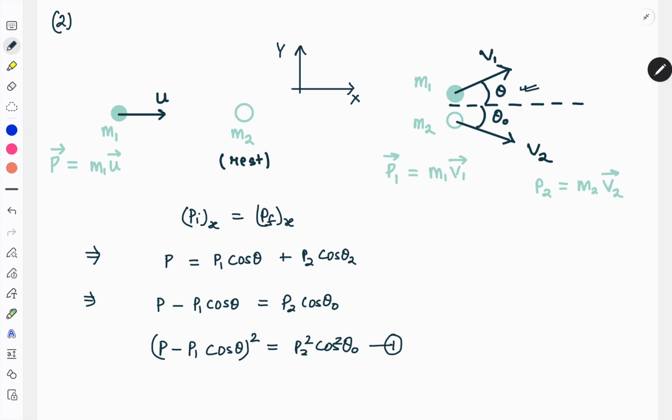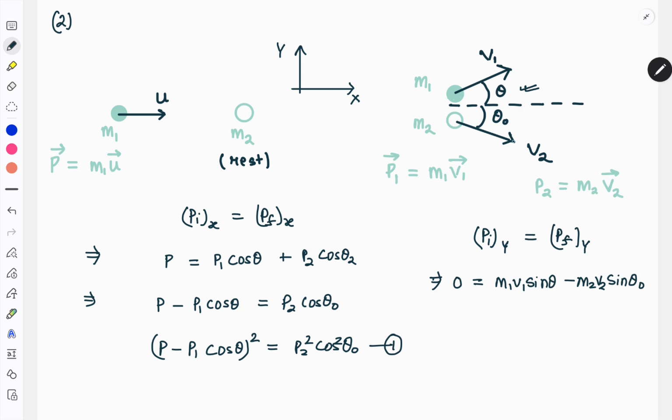Why I have done this, we'll come to know later in the problem. P initial in the y direction must match with P final in the y direction. Along y the initial velocity is 0, so momentum is 0, and then we have m1 v1 sine theta minus m2 v2 sine theta naught.